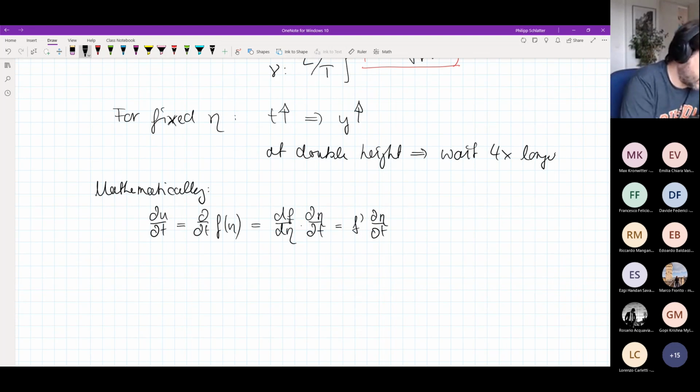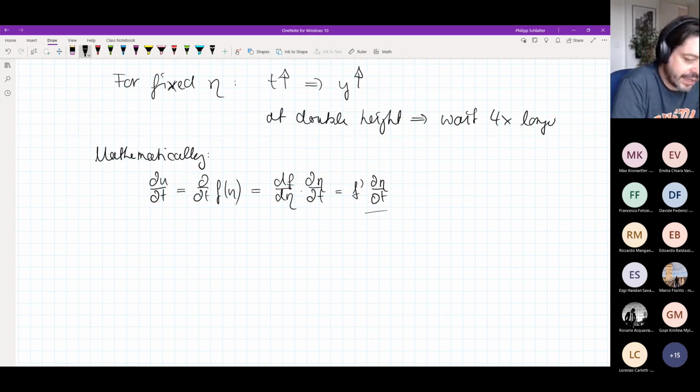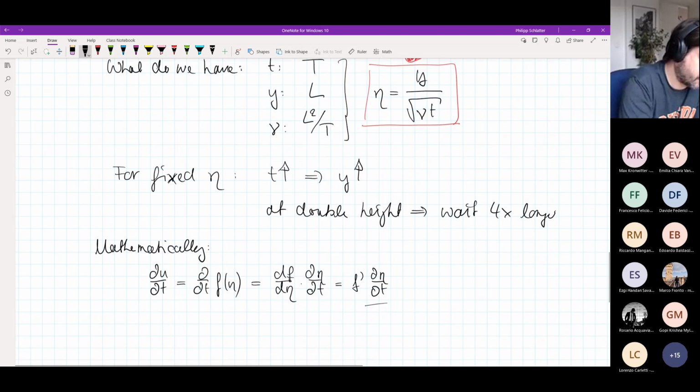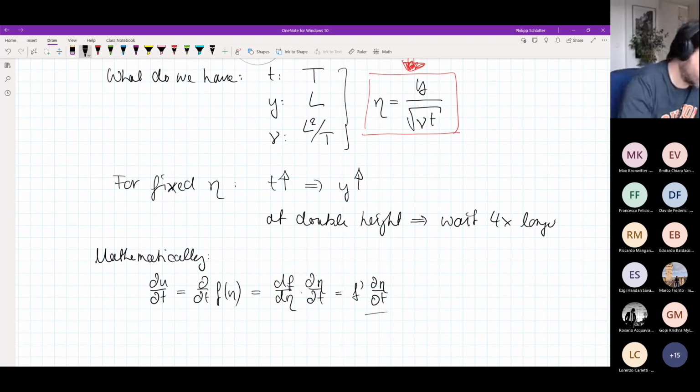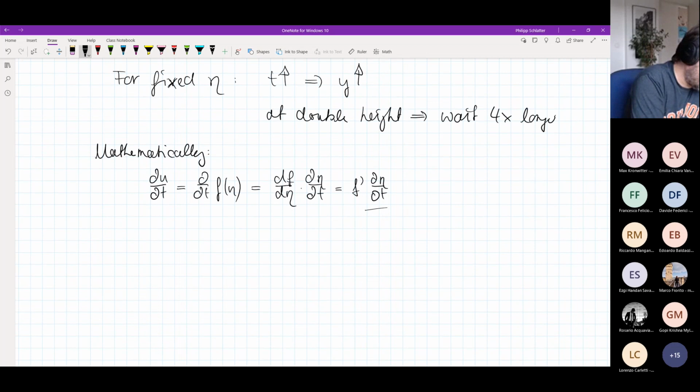Okay, so this was the du dt. Now we can continue, because we have this derivative d eta dt. This is something that we actually know how to express, because we have a definition of eta. So, what is d eta dt? That would be d dt of the definition y divided by the square root of nu t.